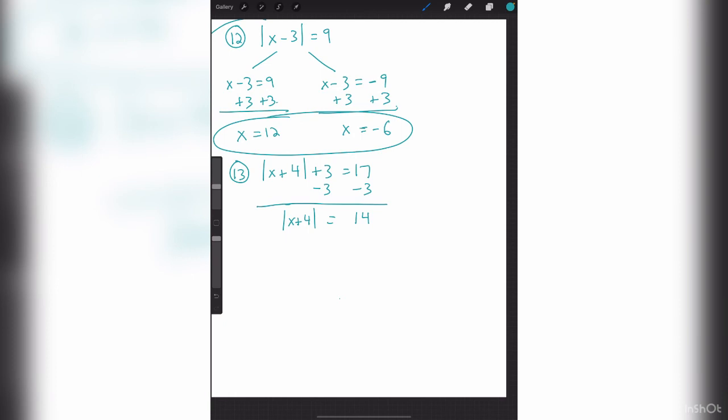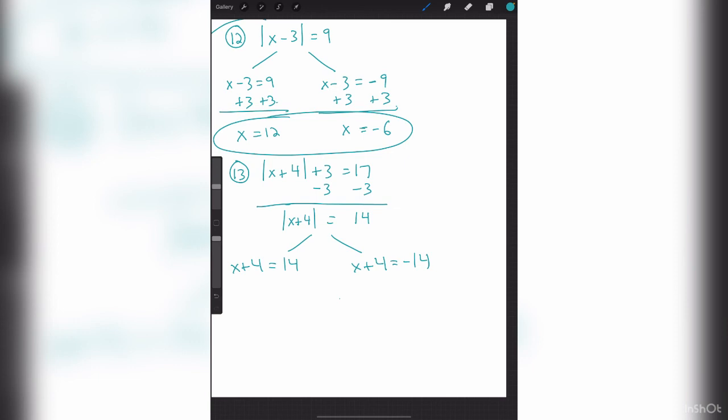So now I can go ahead and break it up two ways, because now this looks a lot like that. I don't have any terms after the absolute value, so I can focus solely on this. I could say x plus 4 is equal to positive 14, and then x plus 4 is equal to negative 14.